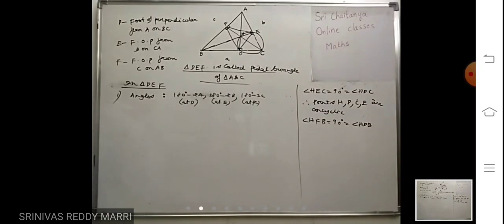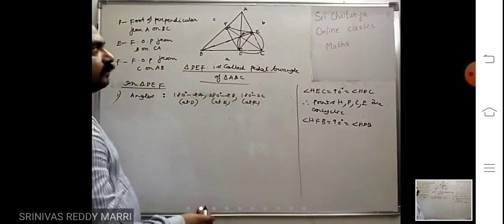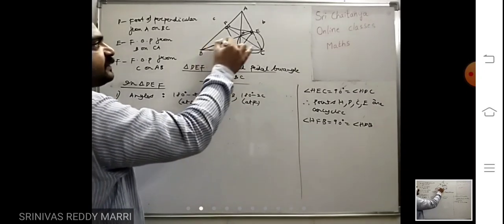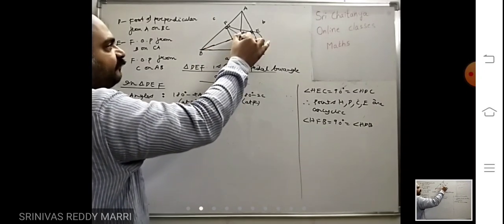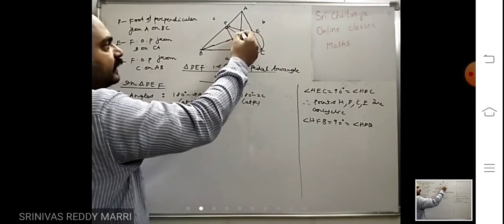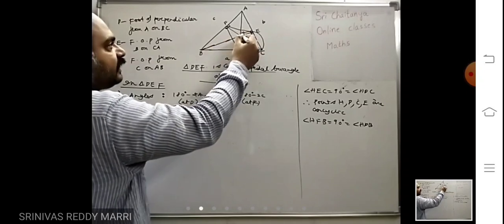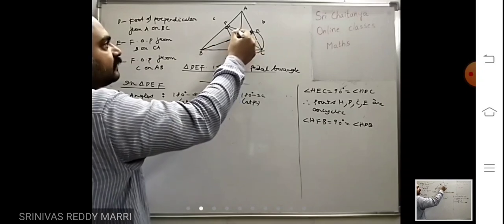Now what can you say? With HB as diameter, if we draw a circle, I am drawing one circle. Listen carefully.